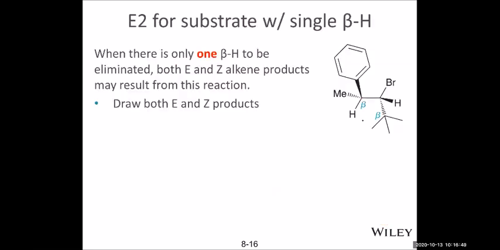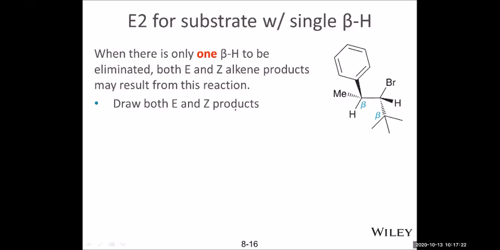Now we're getting to the interesting part. This situation is relatively simple, but we have to be able to rotate a single bond in our head and put it on paper to predict what the product is. When the substrate has only one beta hydrogen, that means you have only one product. There's no regioselectivity. You don't need to decide what location to form the double bond like we saw in the last slide.